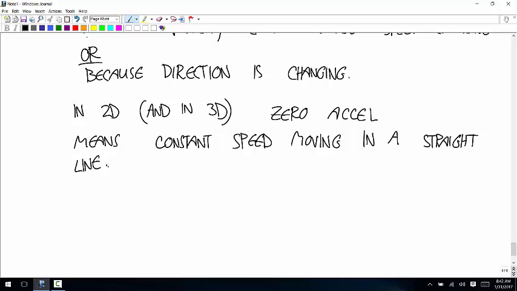Okay, so anytime something's changing speed, it has acceleration. Anytime it's turning, it has acceleration. Okay? The only way you can have no acceleration is if the object is staying constant speed in the same direction.